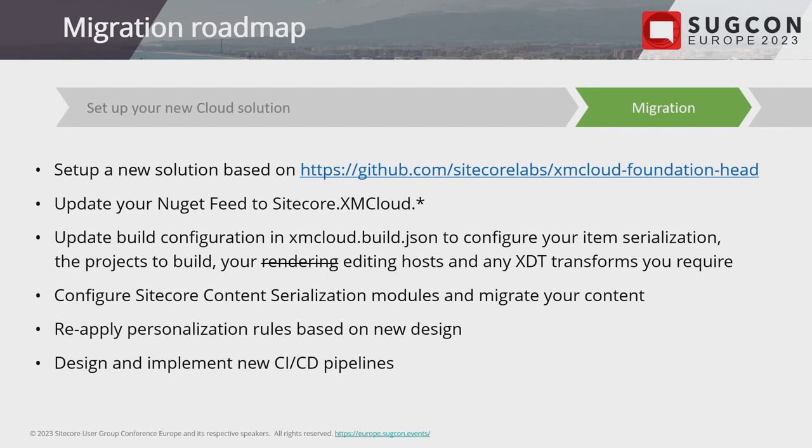And then you configure the Sitecore content serialization modules, the ones that aren't resources, but just your content that you might want to synchronize between the different environments and start migrating your content. After which, you can reapply the personalization rules.